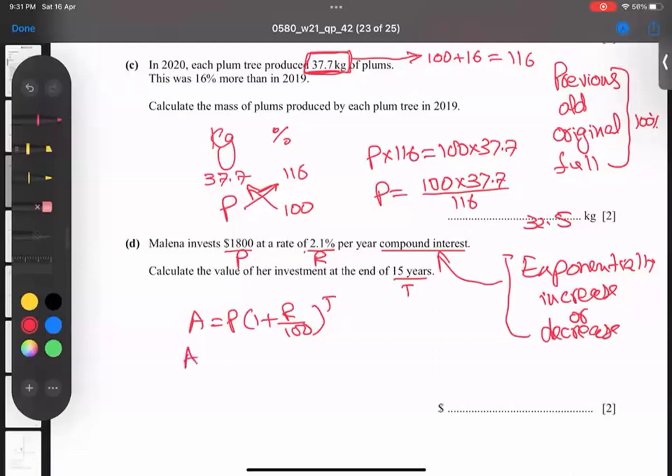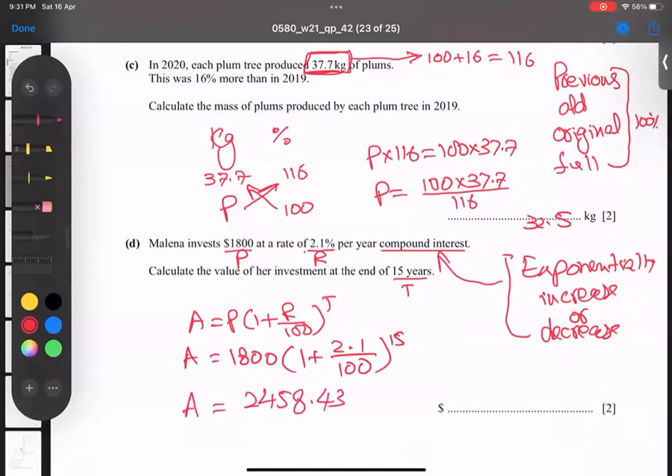So now I'm just plugging the values into the formula. Rate is 2.1 over 100 and time is 15 years. So I put 1800 times the bracket 1 plus 2.1 divided by 100, and the power is 15. The answer turned out to be $2458.43.